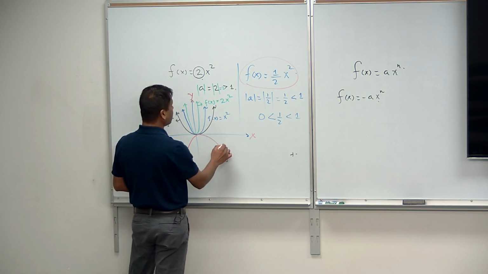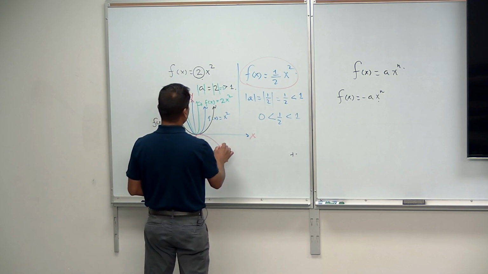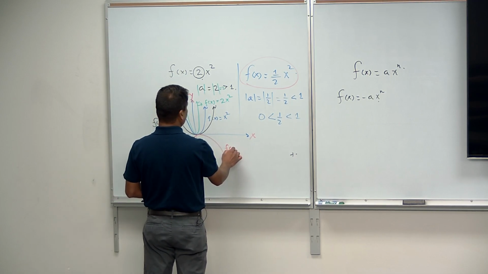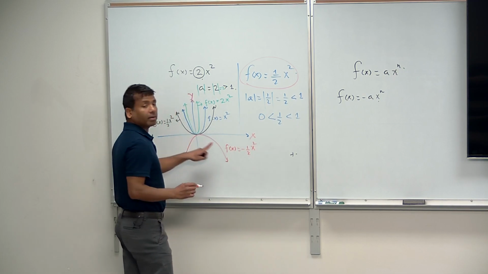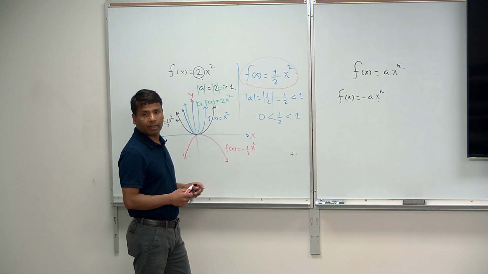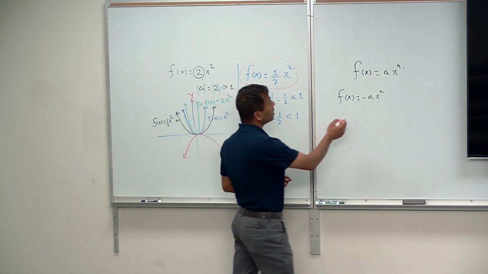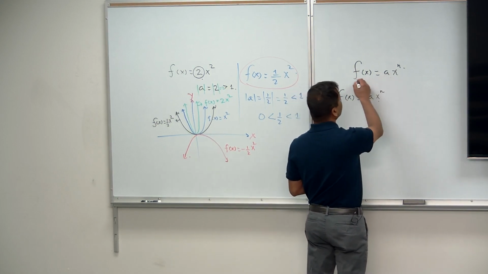And this is the graph of, let's say, f(x) = negative 1/2 x squared. Negative 1/2 x squared. See that? Reflect. So this is the reflection of this graph, right?